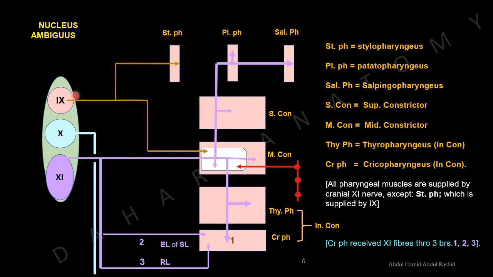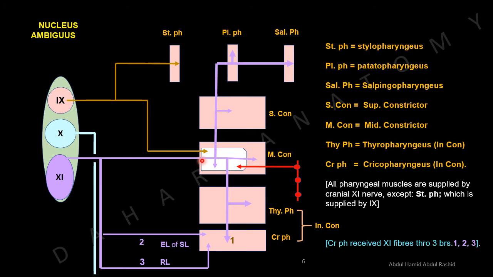Now we are going to talk about the other muscles: two more longitudinal muscles, palatopharyngeus and salpingopharyngeus, and the circular, that is constrictor, muscles: superior constrictor, middle constrictor, and two parts of the inferior constrictor muscle. If you see very carefully the purple color, this is the accessory, that is the 11th cranial nerve.